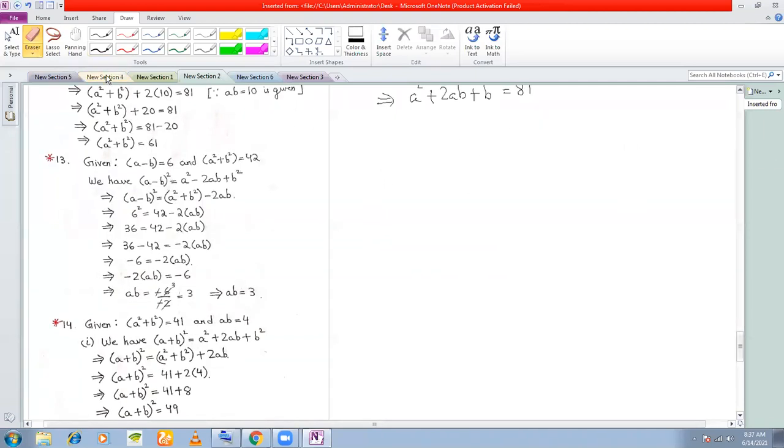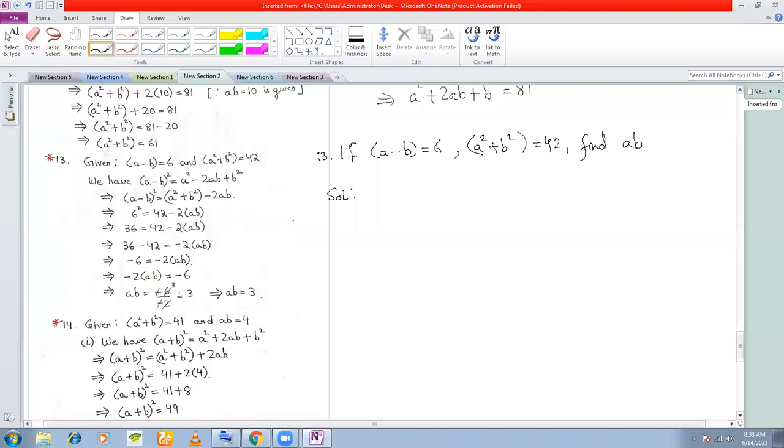Here the question is number 13. If a minus b is equal to 6 and a square plus b square is equal to 42, find ab. Okay. So how do we find this?